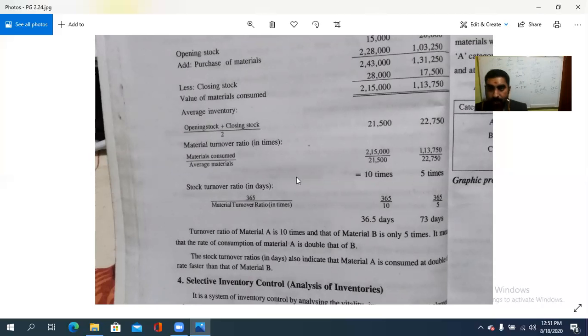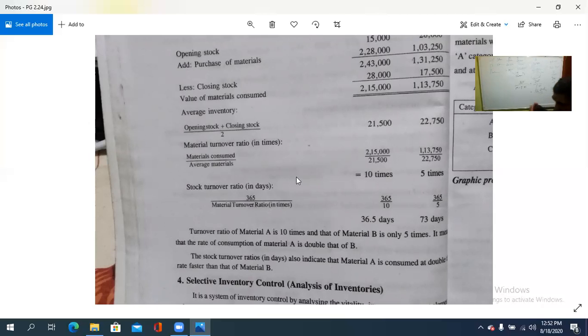So we first saw the techniques to control the material cost. The first technique is EOQ, economic order quantity, maintaining the economic order quantity where the ordering cost and carrying cost intersect each other.